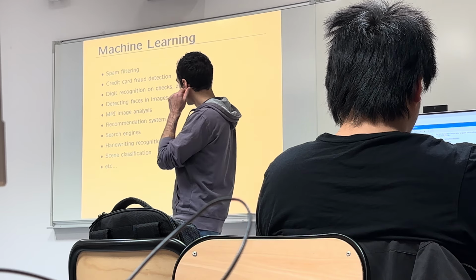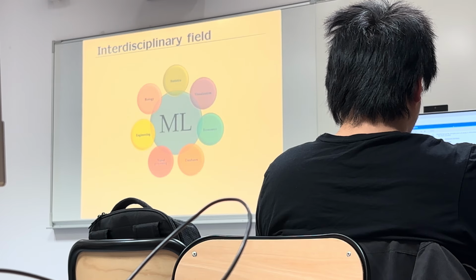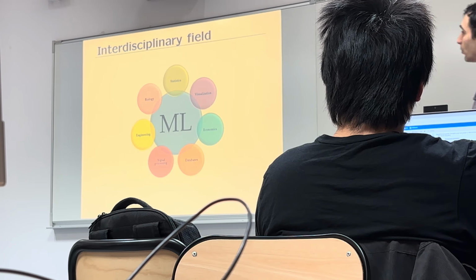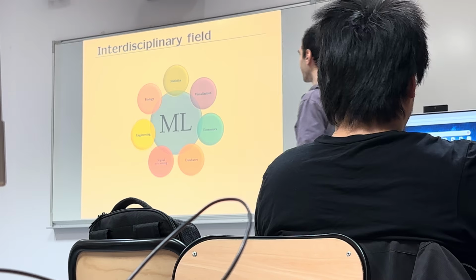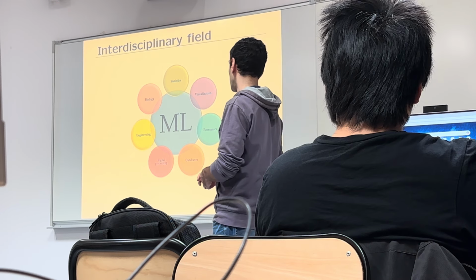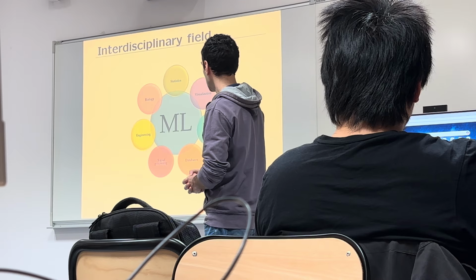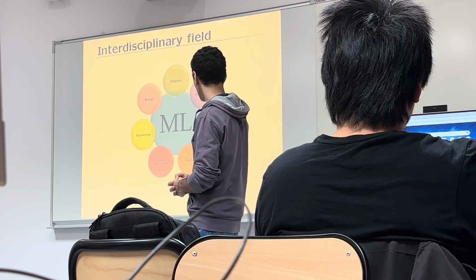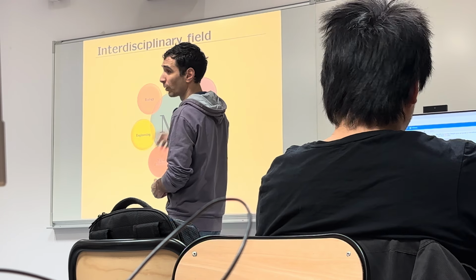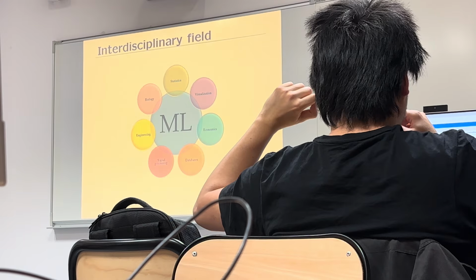Medical images, search engines, etc. When we do machine learning, most of the time, machine learning is interdisciplinary, so it means we are dealing with a lot of people. Personally, I worked with all of this type of people, from biology to economics.